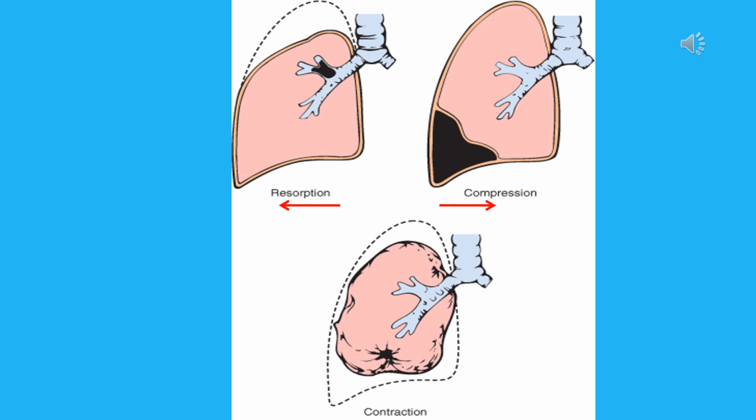Among the three forms, resorption and compression atelectasis are reversible, meaning as long as the underlying cause is corrected, lung tissue can re-expand, while contraction atelectasis is an irreversible disorder since scarring or fibrosis of lung tissue causes permanent non-expansion of lung tissue.